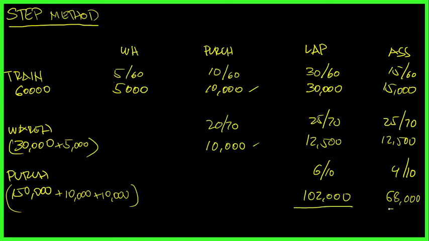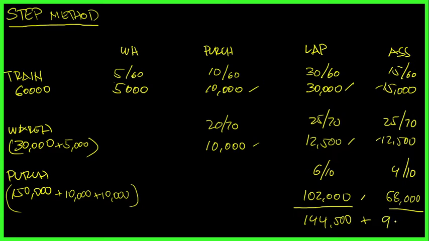Now let's try to check how much is allocated. Huwag nyo lang isama ito, no? Let's just use 30, 12,500, and 102. So 30 plus 12,500, that's 42,500. 42,500, that will be 144,500. We add that to 15 plus 12,500, that's 37,500 plus 68. Okay, so please feel free to compute.